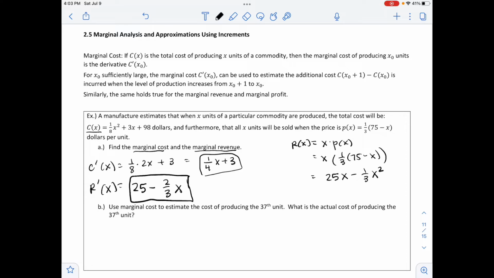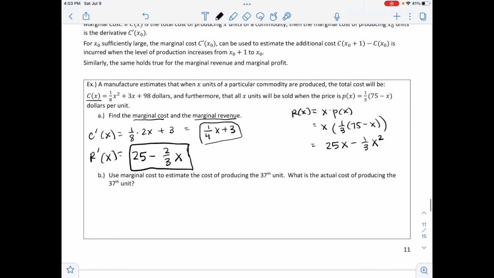Part B says use marginal cost to estimate the cost of producing the 37th unit. And it says what is the actual cost of producing this 37th unit?